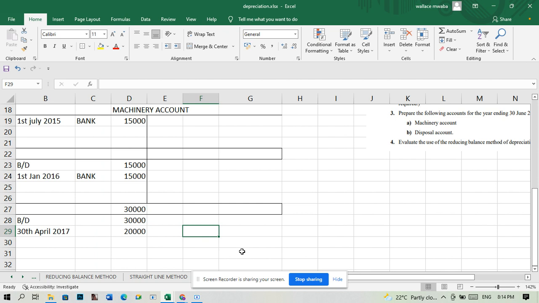Now remember, we were getting rid of machine A because we sold it on 31st December 2016.